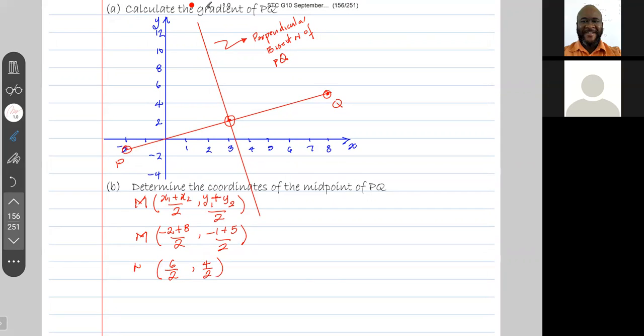M is therefore 3, 2. So this is the point 3, 2. You can clearly see that calculation agrees with observation.